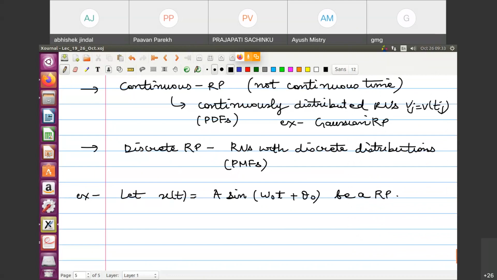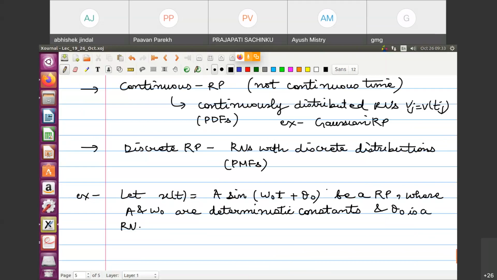So this is a random process. Now, how it becomes a random process, let me tell you. Here a and omega naught are deterministic constants, and theta naught is a random variable.